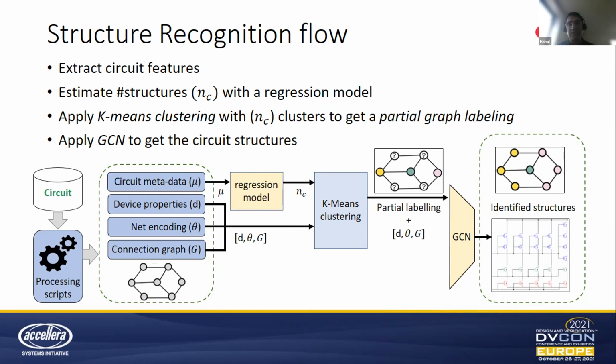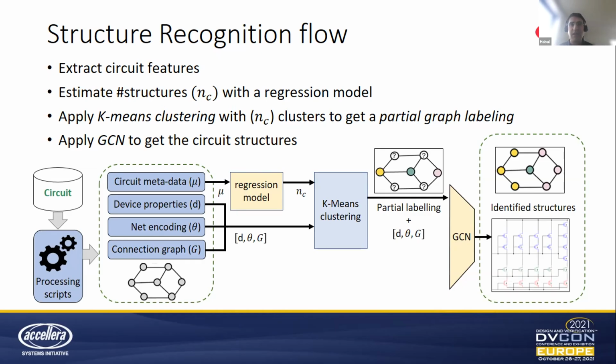Now, this GCN is trained on a single circuit with this information until its loss function converges or saturates. And whatever we get out of this GCN is then the final structures that we believe exist in the circuit.